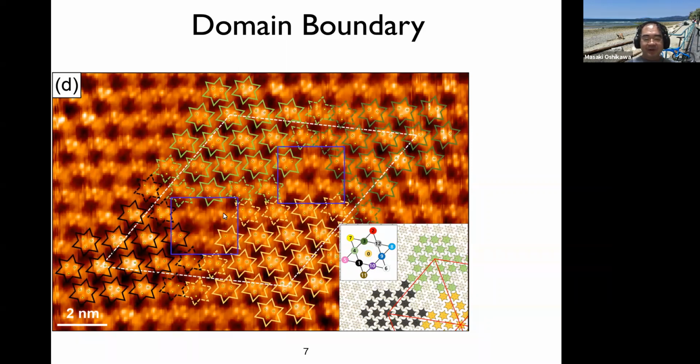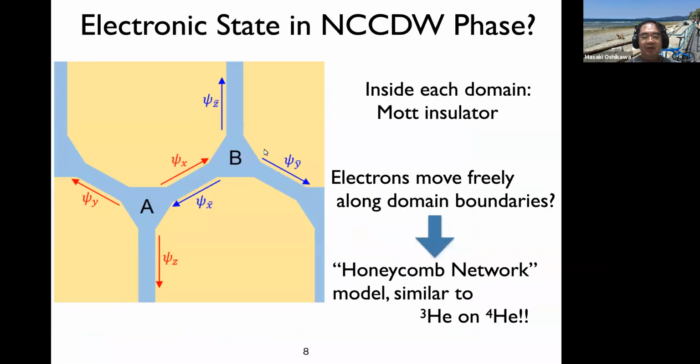So here you have higher energy due to these Stars of David sitting next to each other. So you can figure out the ordering pattern in each domain and identify where the domain boundary is. Okay, and in this NCCDW phase, you have higher conductivity.